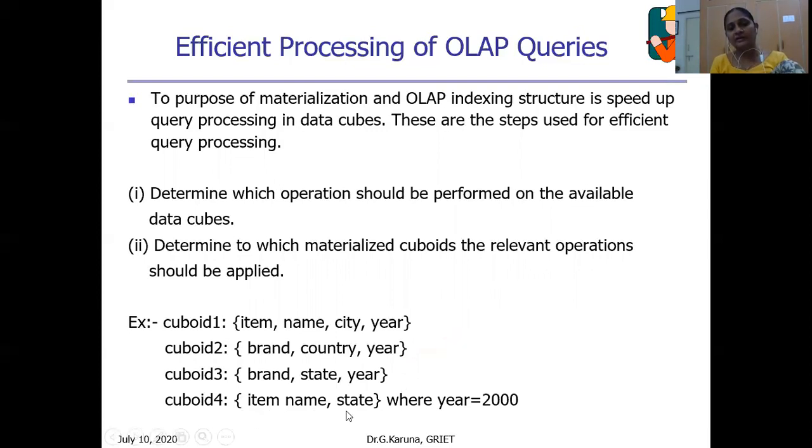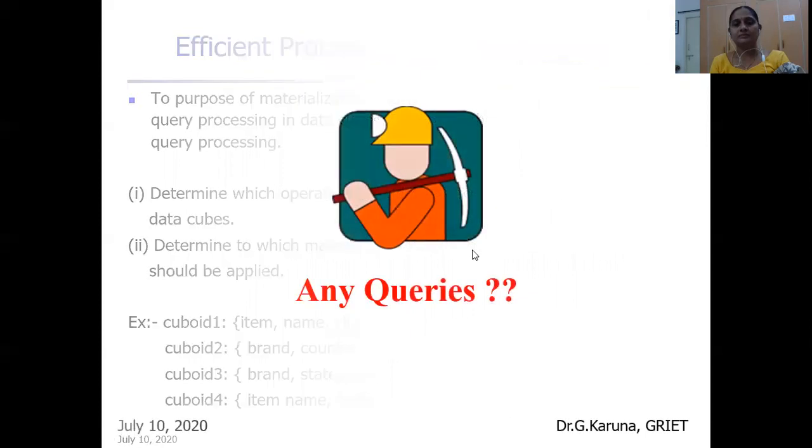And cuboid 4, item name, state, where year equals the particular year 2000. So we have to write the query efficiently, process the query efficiently along with materialization and OLAP indexing, such as join and bitmap indexing. These are the techniques for efficient implementation of the data warehouse.